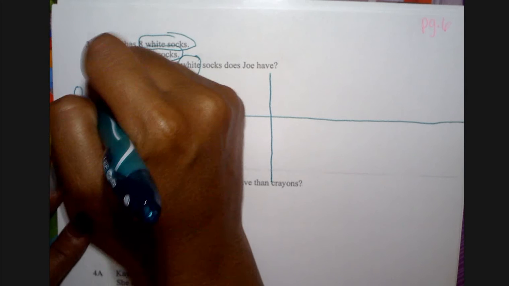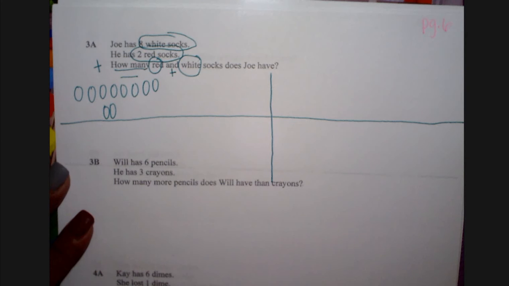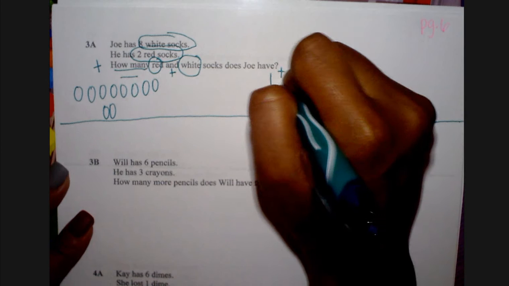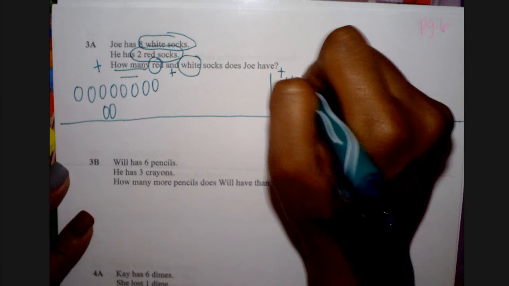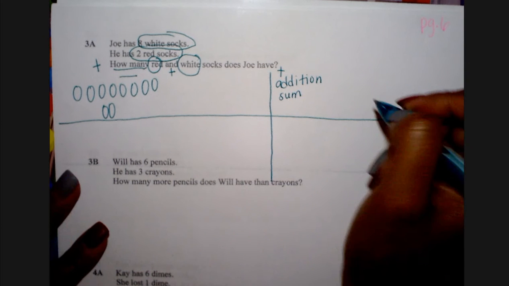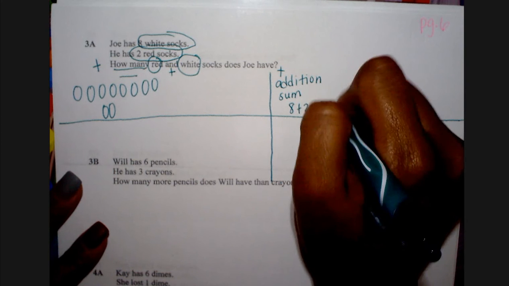Okay, so then we'll first draw our 8, 3, 4, 5, 6, and then our 2 others. Okay, we said that our operation was addition, and when we add, we are looking for our sum. Our equation will be 8 plus 2 equals solution box.